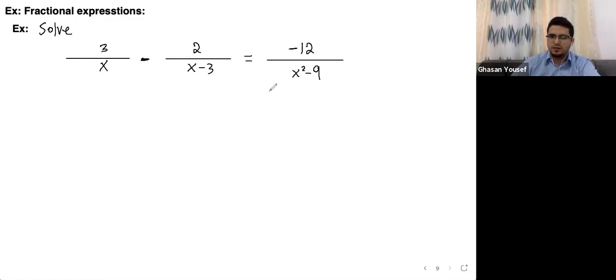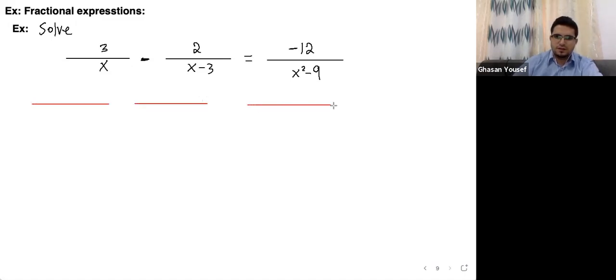So they cancel out here. And when I add it here, they will be positive 12 over x squared minus 9. So again, the solution here, moving everything to one side and the other side, keep it 0.